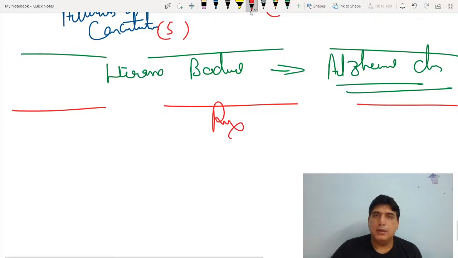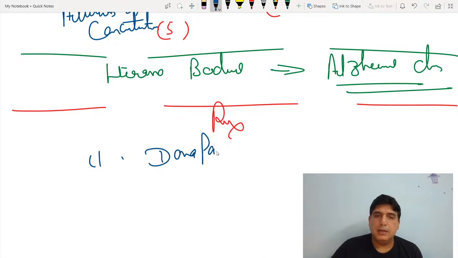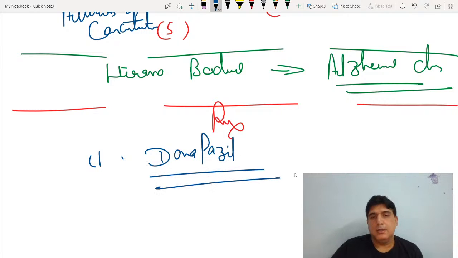Apart from that, in treatment, just remember, we have donepezil, the most preferred drug in dementia, an acetylcholinesterase inhibitor. Tacrine we don't use because it's hepatotoxic.